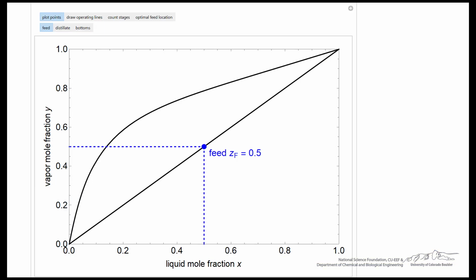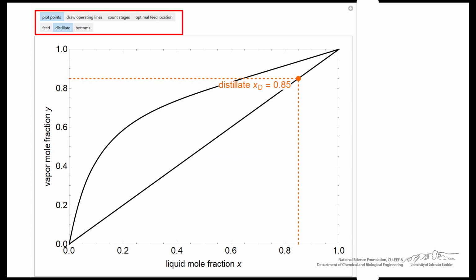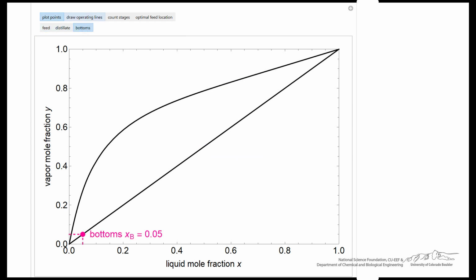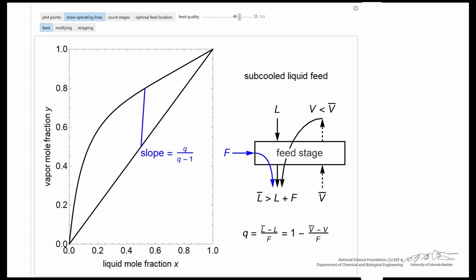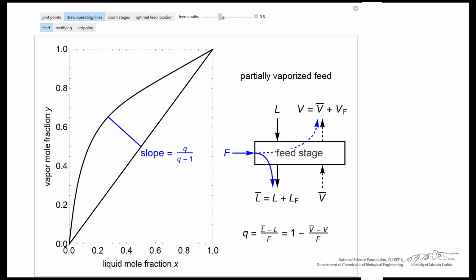So here's the interactive simulation. And the idea is for you to step through. You notice right now it's selected the plot points, and it shows the feed. There's the distillate. There's the bottoms. The next step is to draw the operating lines. This is showing the feed. I can change the quality, and that's going to change the slope.